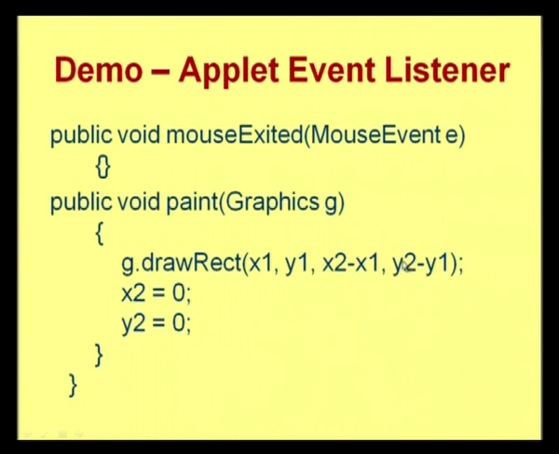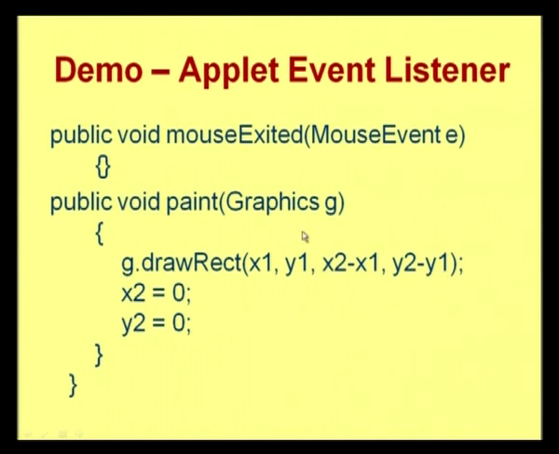With this I try to draw a rectangle from the position where I have pressed my mouse till where I have released my mouse. Here we have subtracted the x1 value because we have started from the point x1, and we have subtracted the y1 value because we have started from y1.